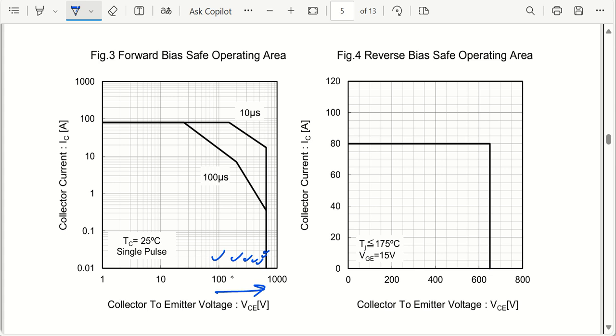At 650, let us say you are working with 10 amperes of current, then the maximum voltage it can allow is going to be less than 200 volts, it is 120 volts or something. Okay. So you must understand that at 10 amperes of continuous current, you will be applying a maximum of 100 to 120 volts. That's all. So you have to understand this safe operating area. You cannot apply more than this. All right.